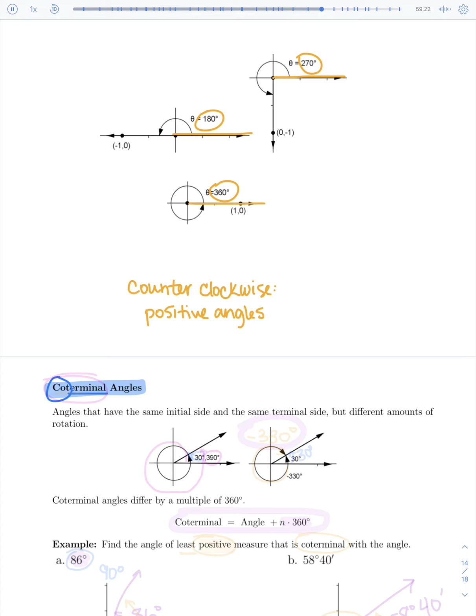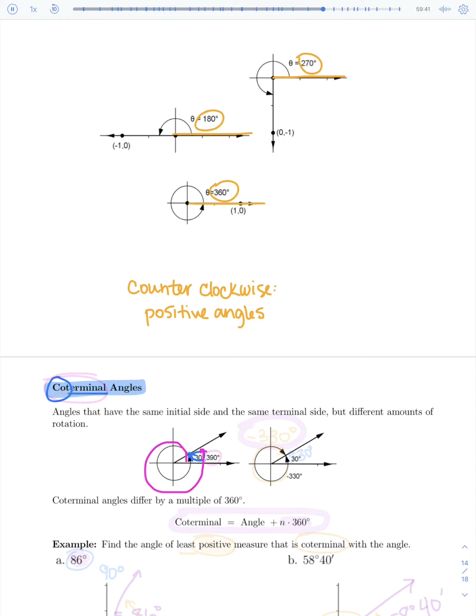So a perfect example of a coterminal angle is this first angle here, a 30-degree angle. However, I can come up with a very similar angle by, instead of stopping at 30, going around in a big loop. And what does that mean I've actually done?